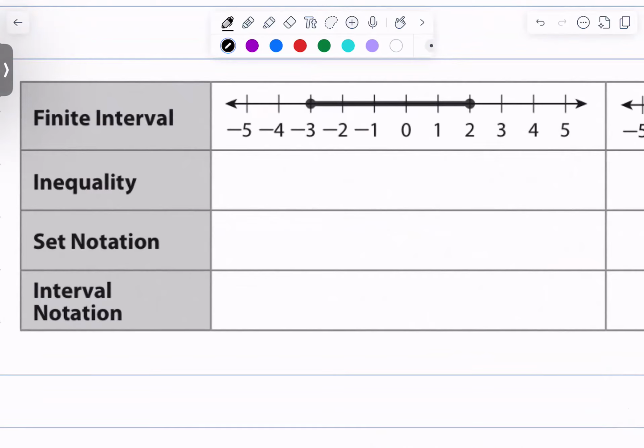If x is my variable, it's perfect. He said it's equal to because they're closed circles.